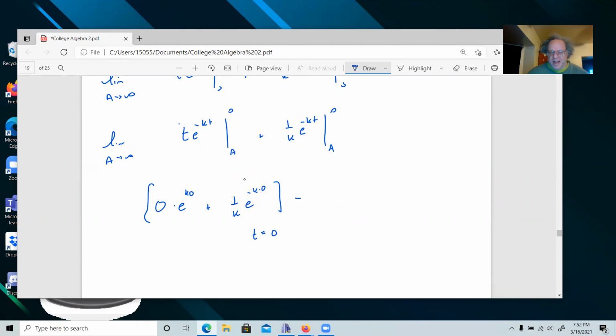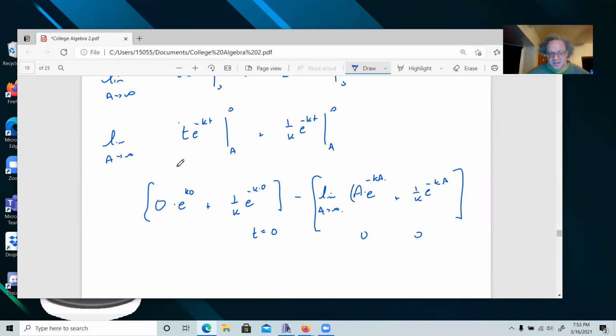Minus, and now we have limit as a goes to infinity of a e to the negative k times a plus, we can do that, same limit, 1 over k e to the negative k times a. So this one's going off to infinity, but this is going to 0 faster. So that's 0, and that's just 0.